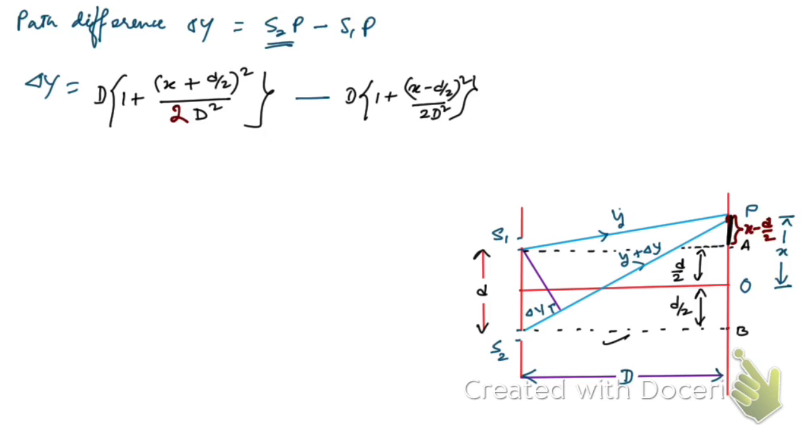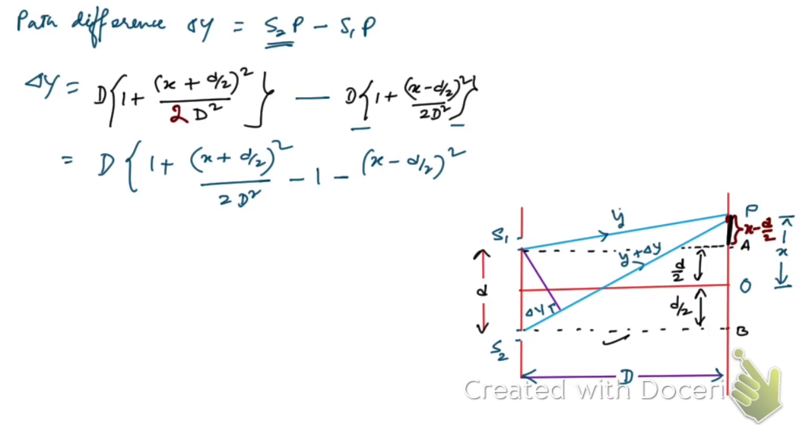Okay, let's take d common, right? Then within the bracket we're gonna have 1 plus x plus d by 2 whole square divided by 2d square, then minus, and on opening this bracket here minus 1 minus x minus d by 2 whole square, then 2d square. That's what we're gonna have.